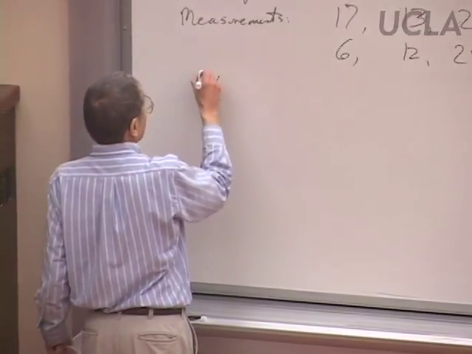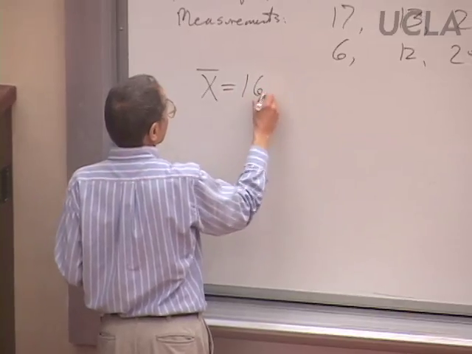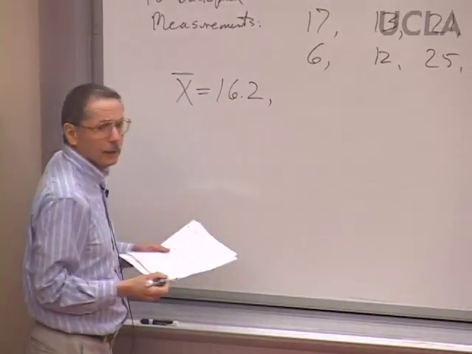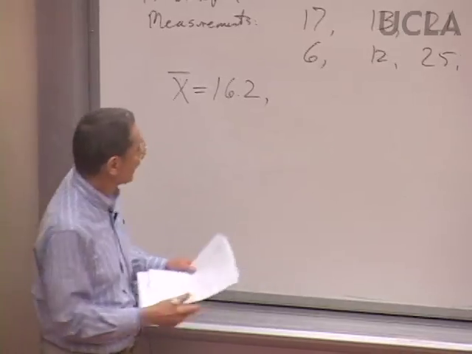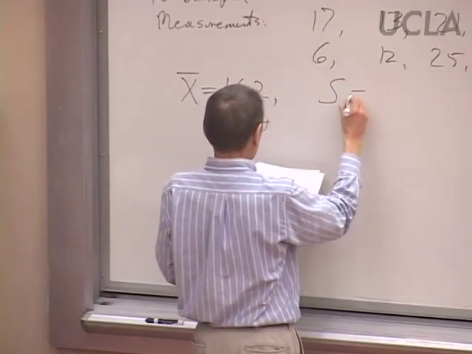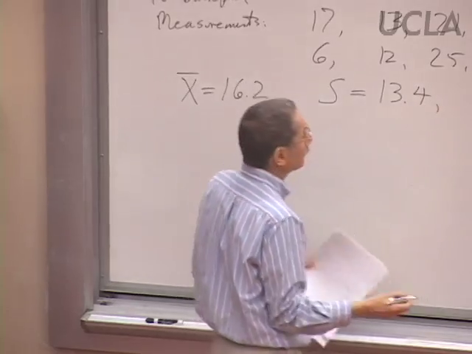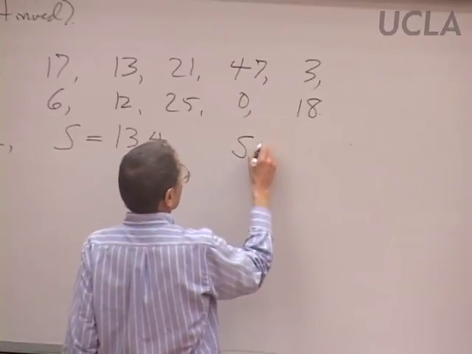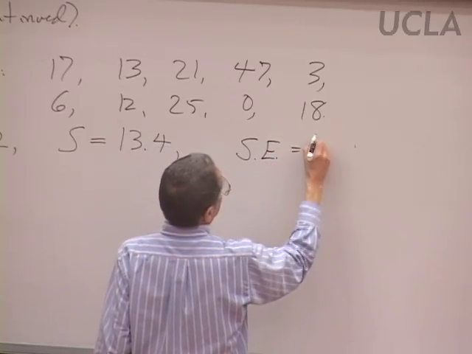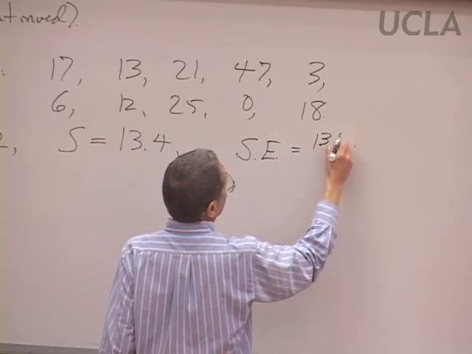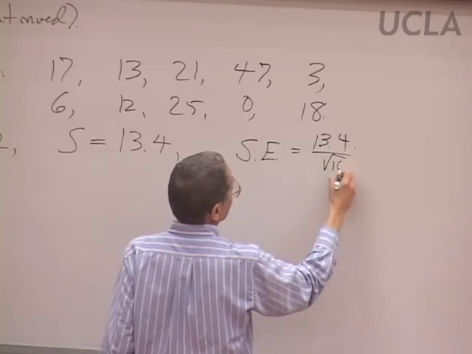So the sample mean was 16.2. And the sample standard deviation was 13.4. So the standard error would be 13.4 divided by the square root of 10.